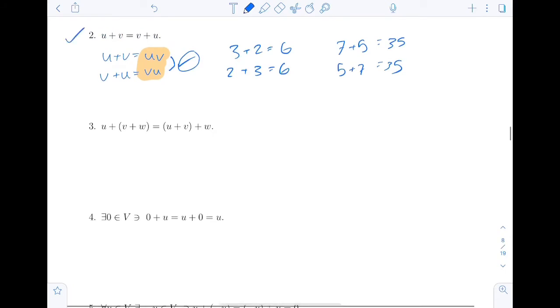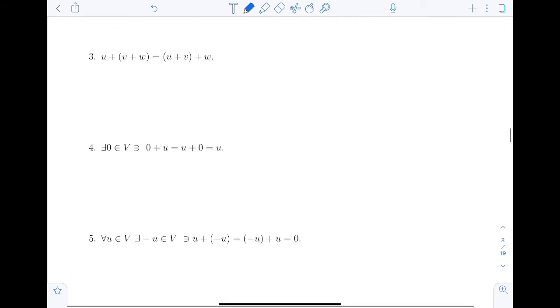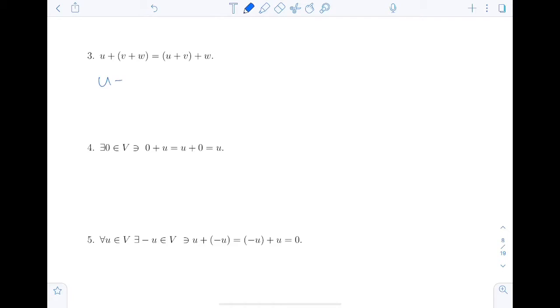So 2, check. What about 3? u plus v plus w. That's going to be u plus, and then v times w, which is u times v times w.